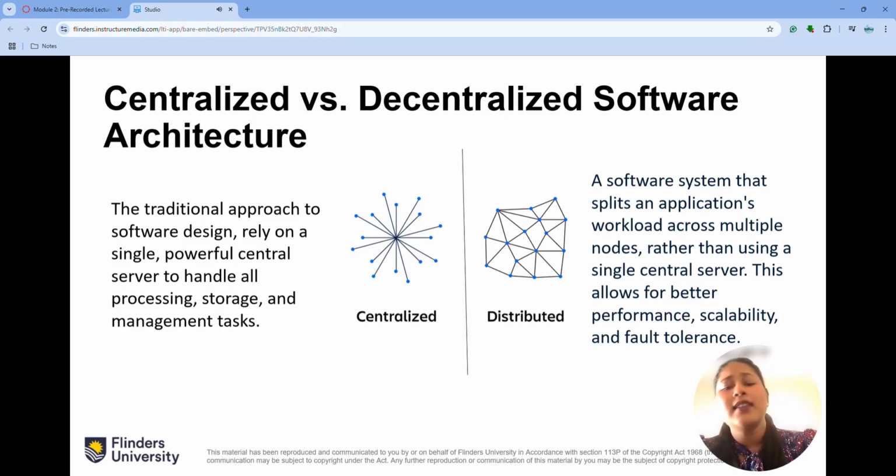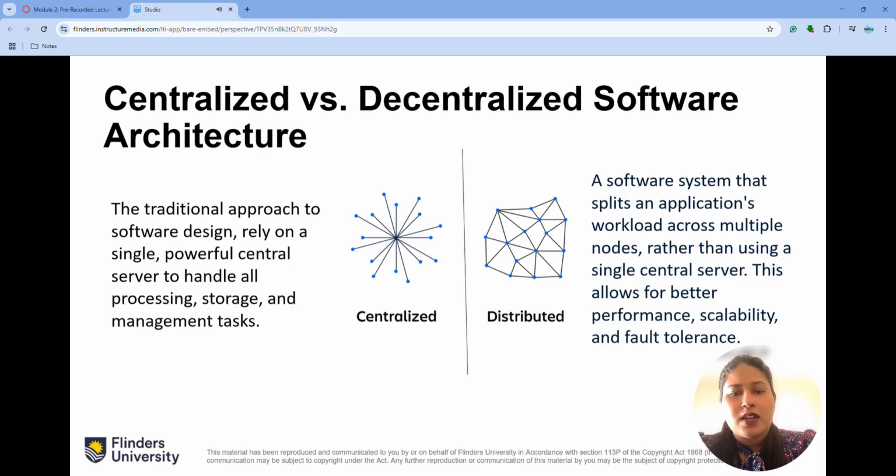But on the other hand, a decentralized architecture distributes control across multiple independent components or services. Each service operates autonomously, improving fault tolerance, scalability, and resilience, since a failure in one service does not affect the entire system. However, this approach can introduce complexity in terms of system management, communication, and maintaining data consistency.